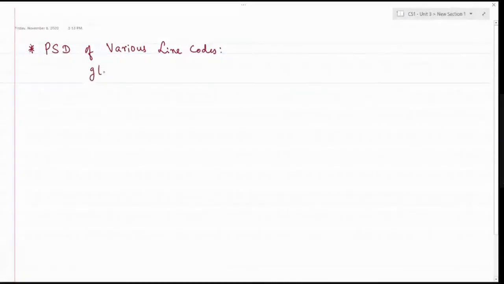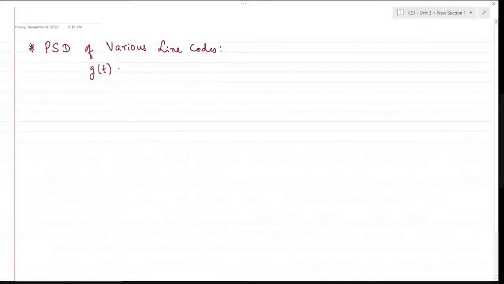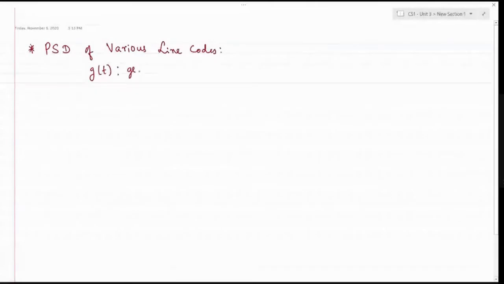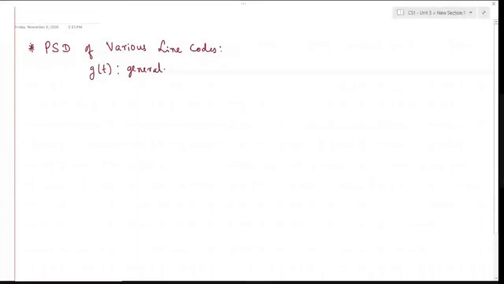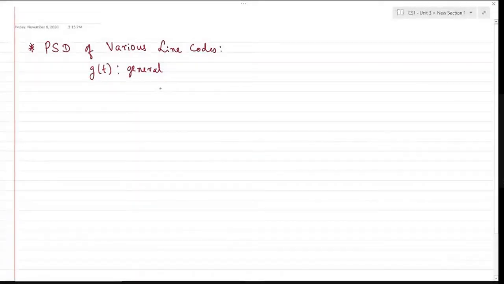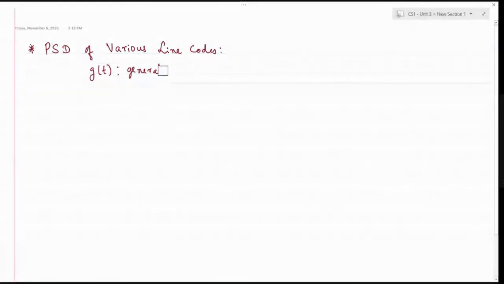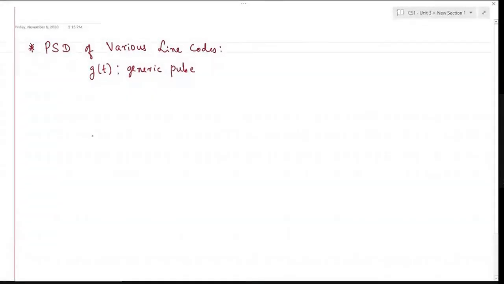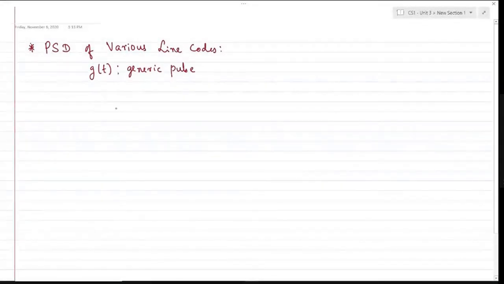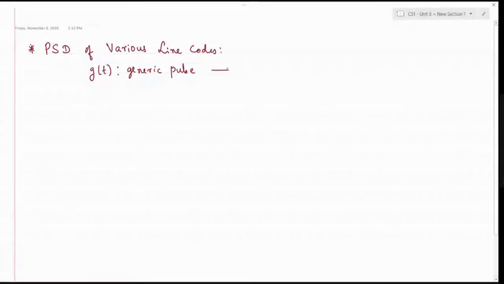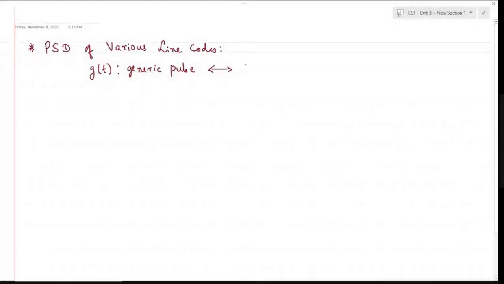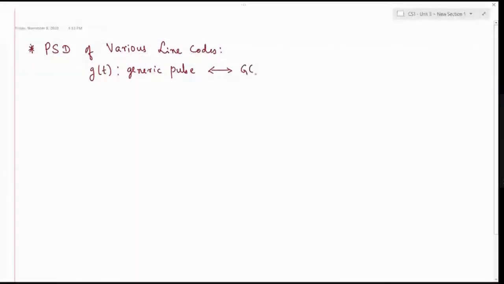Say this g of t is a generic pulse. It's nothing related to any rectangular pulse or return to zero or non-return to zero. So it's simply a generic pulse, which represents binary 1 or binary 0, which is actually the inverse Fourier transform of your G of f.